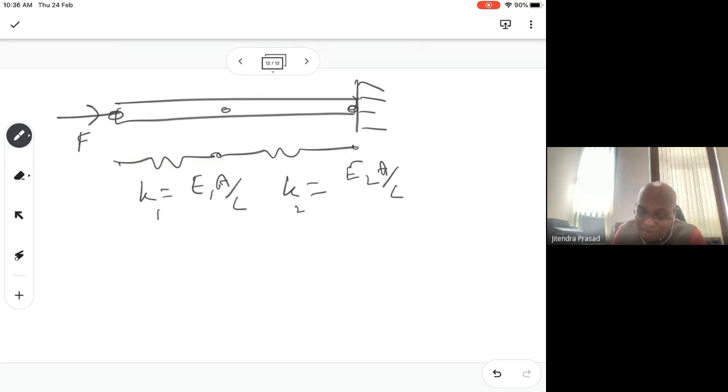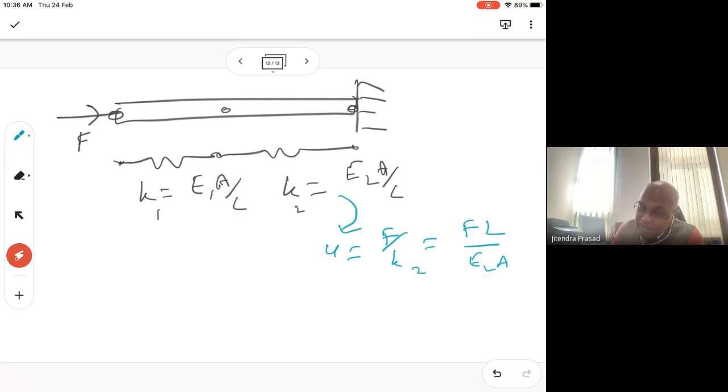So you can find out, just for the second spring, what will be the U? U will be equal to F over K2, and that will be equal to F L over E2A. This is just because of this spring. Similarly, for the first spring, let's write this one as its contribution, so I will just say U2 like this.